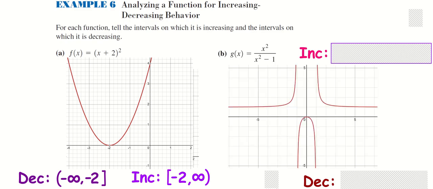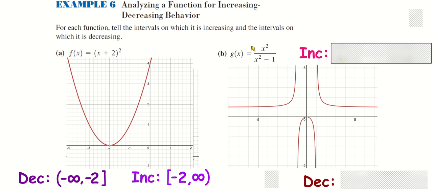This next example, again, is probably a better looking graph on Desmos than your TI graphing calculator. If you know what you're looking at here, you can see that there is a vertical asymptote here, and there's a vertical asymptote here, which makes sense because if you look at this equation, are we allowed to let x equal anything we want?